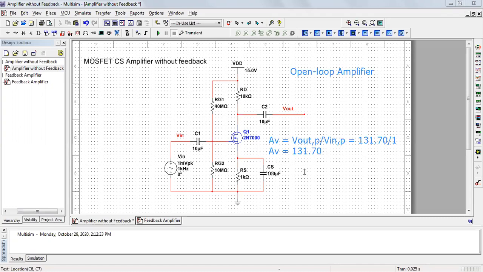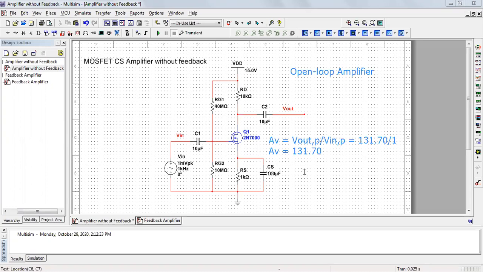There are 4 types of negative feedback we can apply: voltage series negative feedback, voltage shunt negative feedback, current series negative feedback, and current shunt negative feedback.